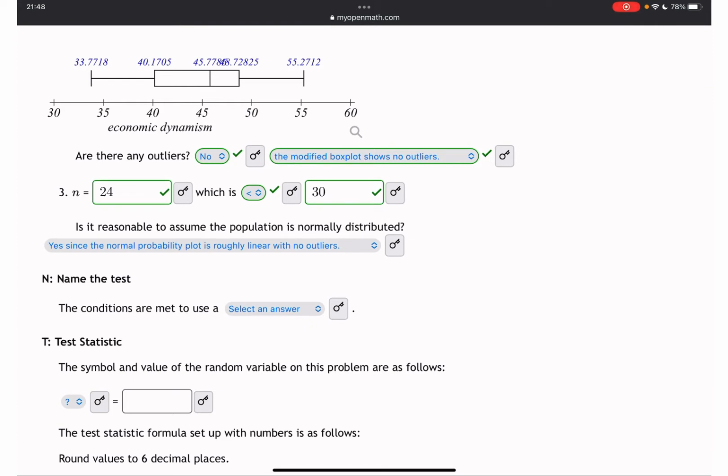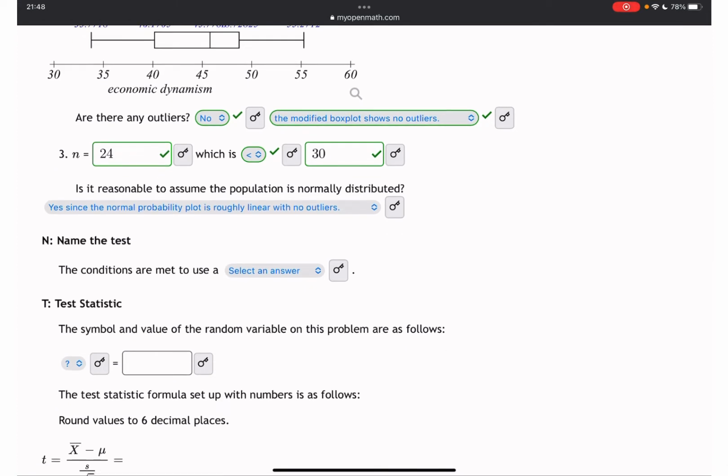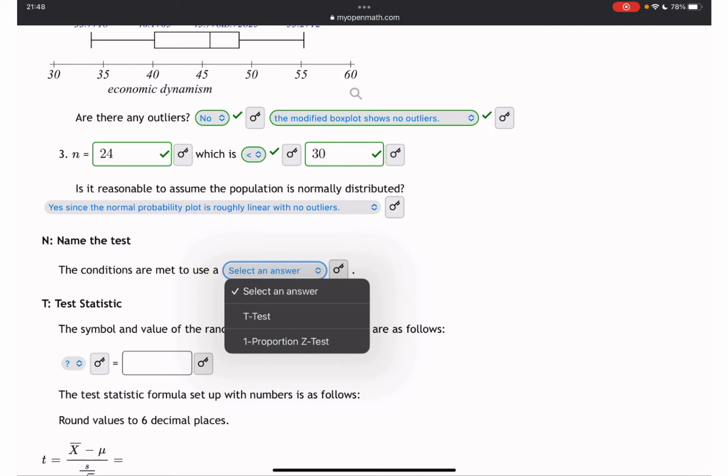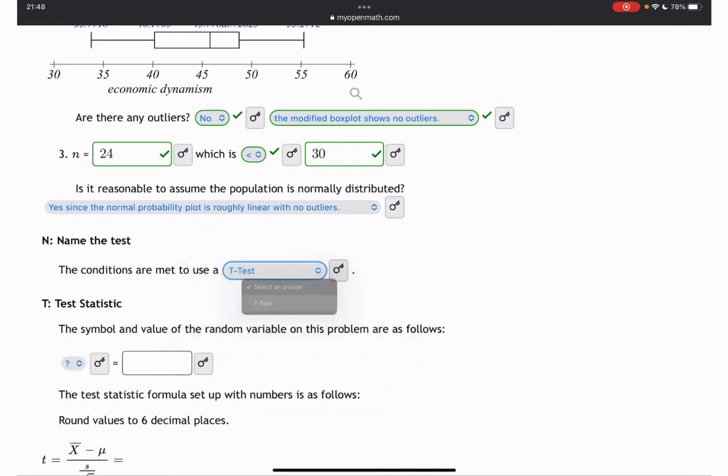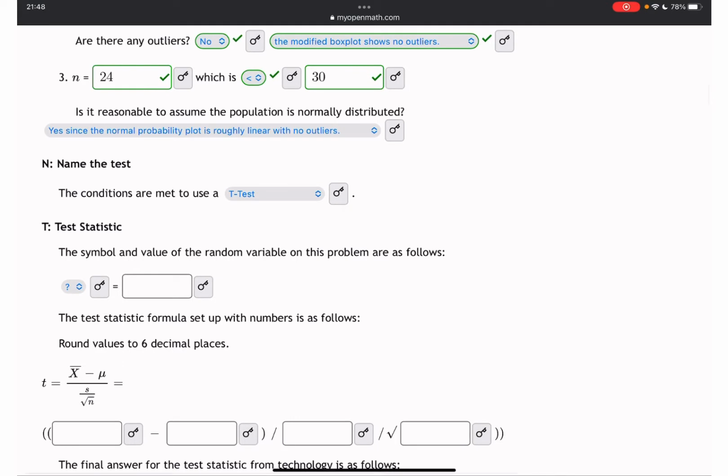Name the test. Okay, what do we have? The conditions are met to use. What do you think? T-test or z-test? Z-test? I say t-test. Why? Because it's normally distributed, again, with no outlier, but the sample size is less than 30. Therefore, we choose the t-test. Okay? At this point, we are doing test statistics, and we're going to choose the t-test statistic.